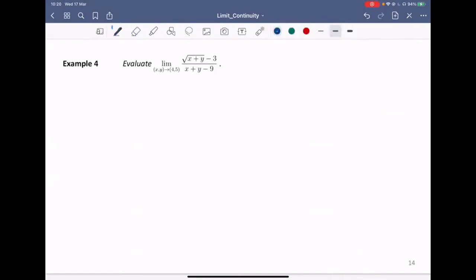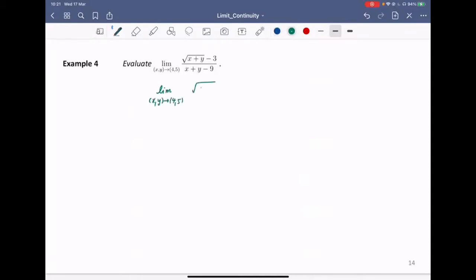We already see that this is 0 over 0, so you can try factoring or use conjugation. Some students are good at factoring, so you can factor. But if you feel like you are not good at factoring, you can just try conjugation first.